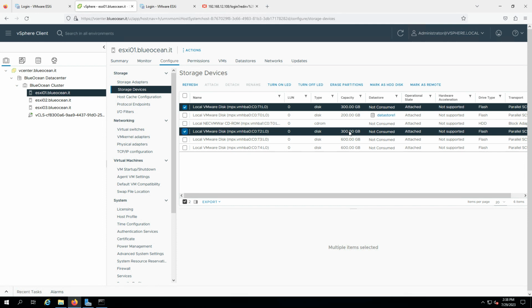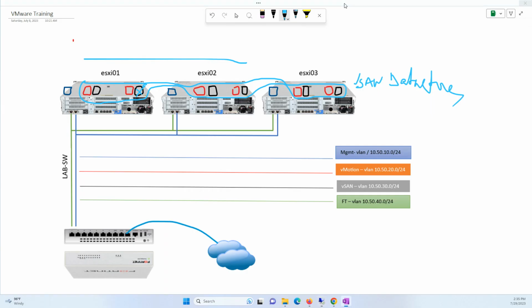There are two types of vSAN, the vSAN hybrid mode. What does hybrid mode mean? Hybrid mode means that the cache tier should be an SSD disk.